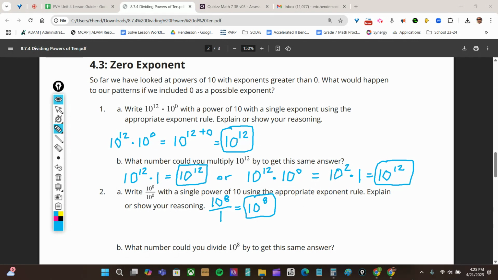What could you divide 10 to the 8 by to get the same answer? Okay, so same thing. To get 10 to the 8, to get the same answer, we could divide it by 1, or we could do 10 to the 8 and divide it by 10 to the 0, and either one is going to give us 10 to the 8.